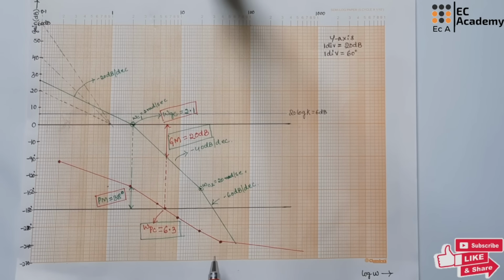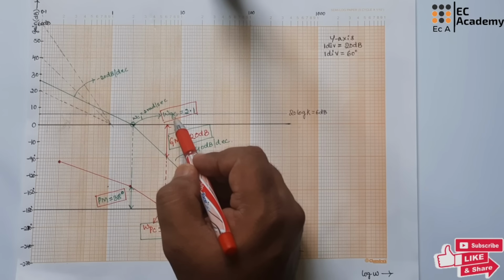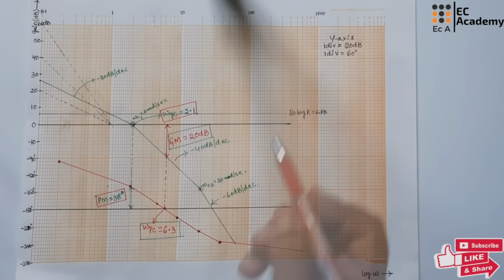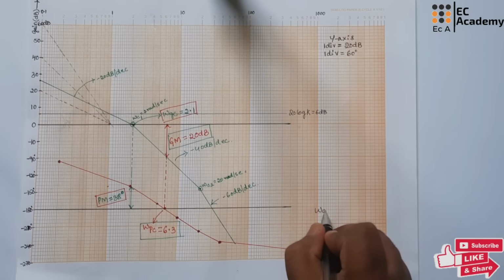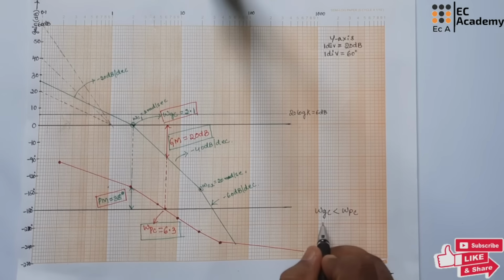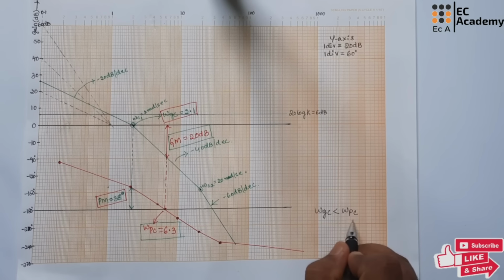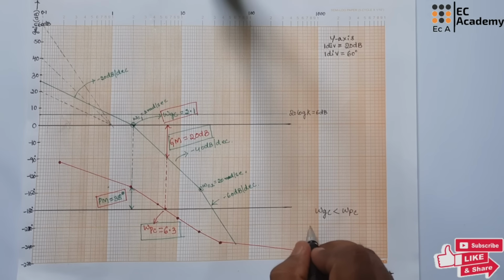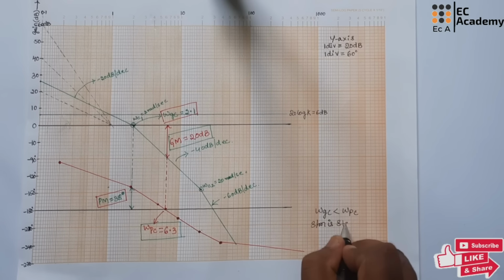So this is the Bode plot for the given problem, and from this Bode plot we found phase margin, gain margin, also we found phase crossover frequency and gain crossover frequency that is asked in the question. Now we need to comment on stability. Since omega GC is less than omega PC, gain crossover frequency is less than phase crossover frequency, hence we can say the given system is stable system.